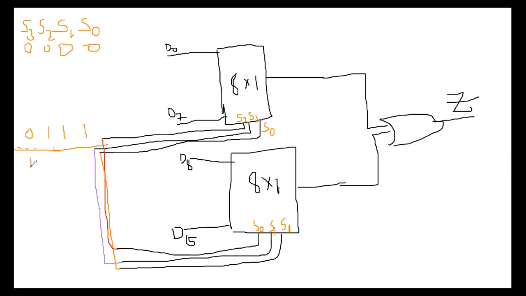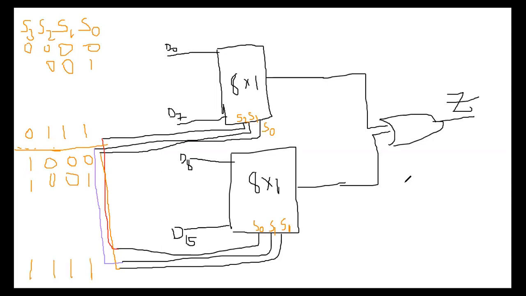In the second case, the binary of 8 is 1, 0, 0, 0, then 1, 0, 0, 1. So the same options 0, 0, 1, but for 0 to 7 the S3 is 0, and from 8 onwards the S3 is 1. The remaining bits are the same, up to 1, 1, 1, 1, and so on.